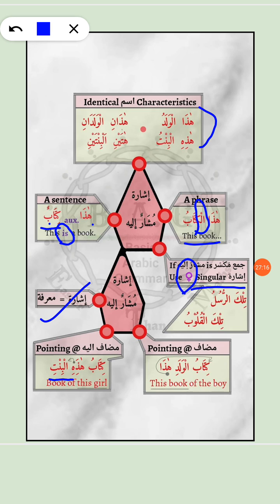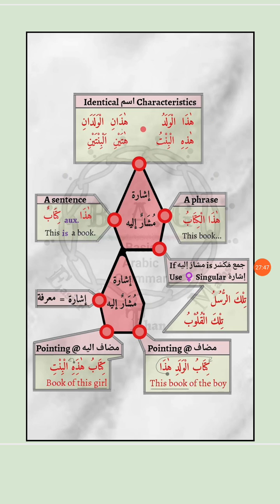And if you want to point towards mudaf, we place the pointing noun after the mudaf ilayh, all right, and if you see it after mudaf ilayh, it automatically means that it is pointing towards this, unless of course we match the characteristics and it is not pointing towards anything after it. Okay, so that is just something that comes up with logic. Okay, so you're going to be able to get past that, inshallah.